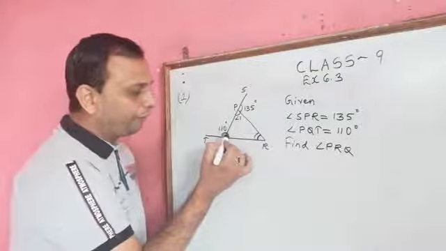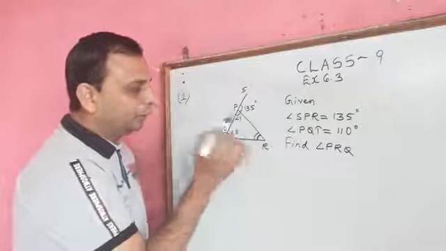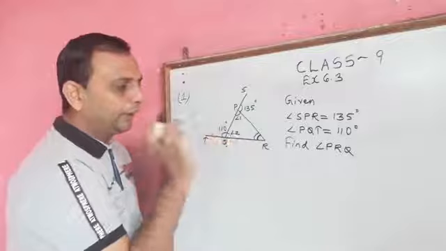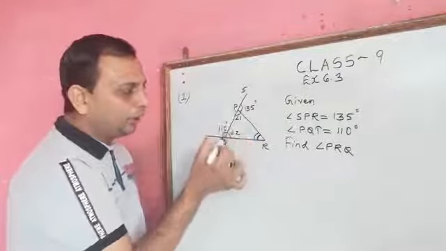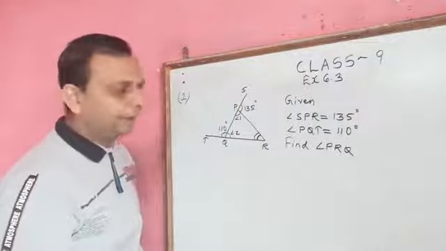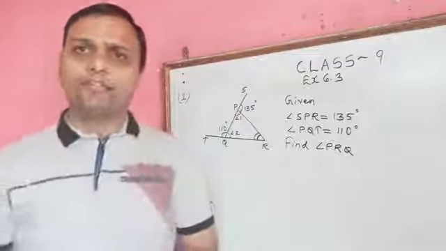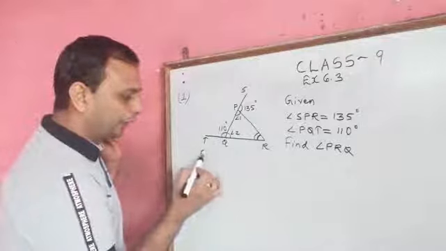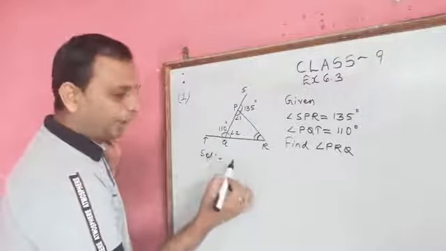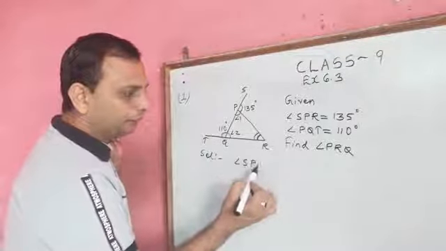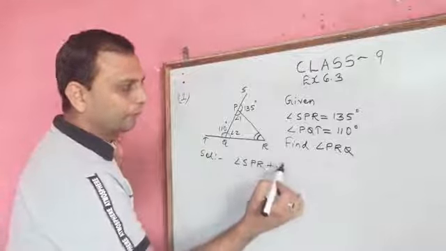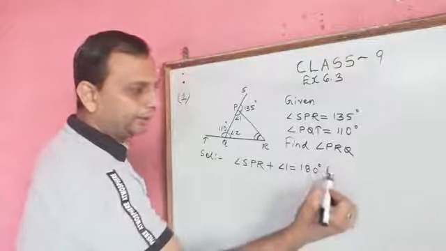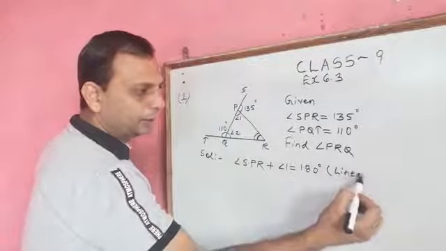Here also we can mark angle 2. This is also forming a linear pair, so with the linear pair we can find angle 2. Now all three angles will be equal to 180 degrees, so from there we can easily find the value of angle PRQ. Angle SPR plus angle 1 equals 180 degrees, linear pair.